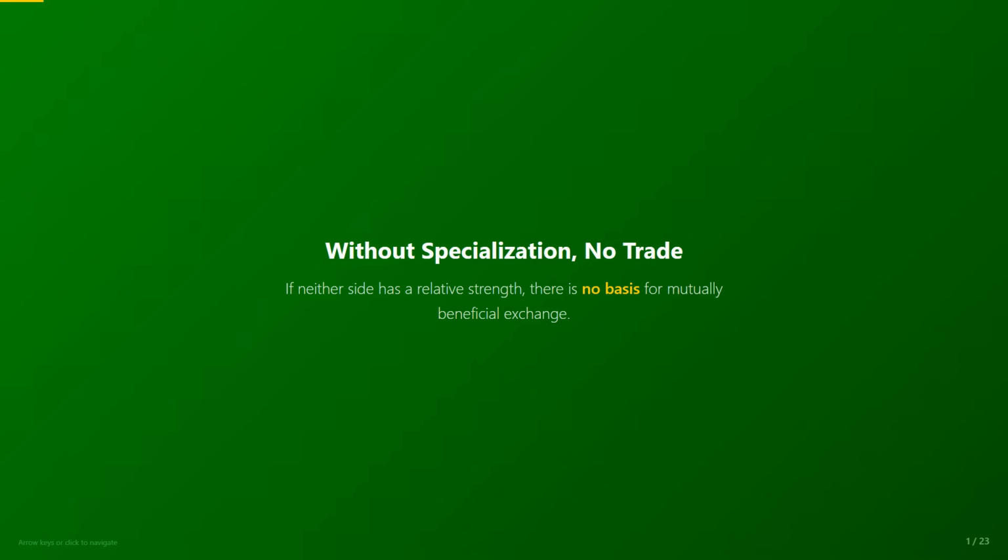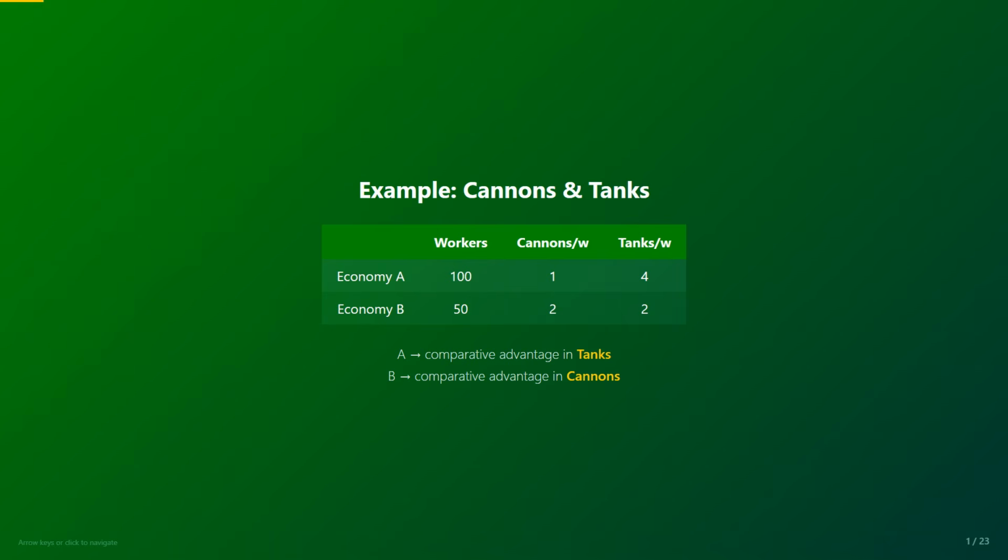Let's see how this works in practice, with the example of cannons and tanks. Economy A has 100 workers, each worker can produce either 1 cannon or 4 tanks. In total, the economy can produce 100 cannons or 400 tanks. This is its production possibilities curve. Before trade, when resources are allocated evenly, 50 workers produce cannons and 50 produce tanks.